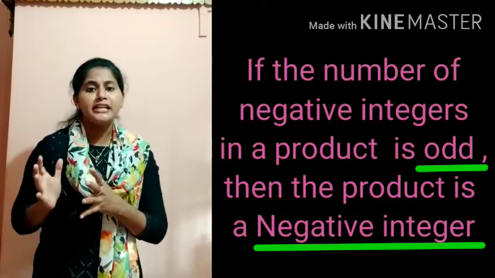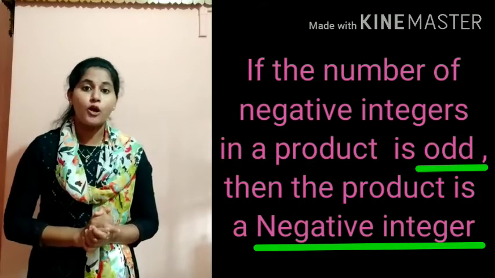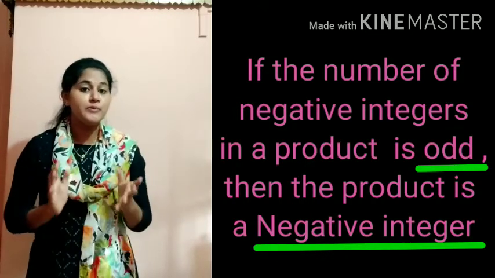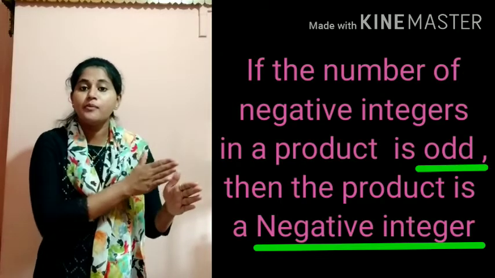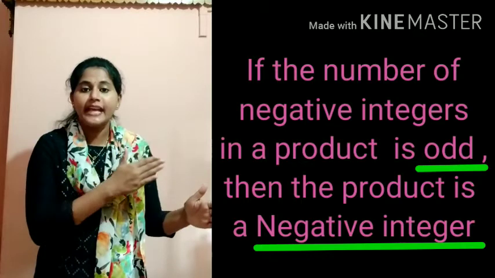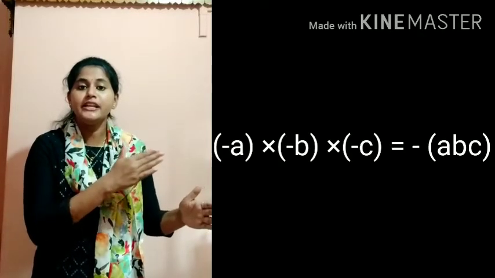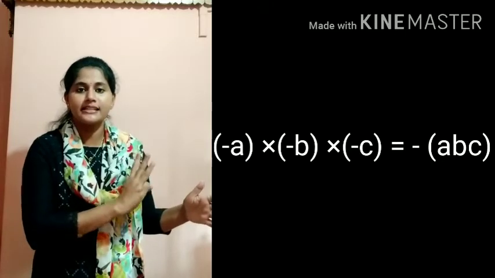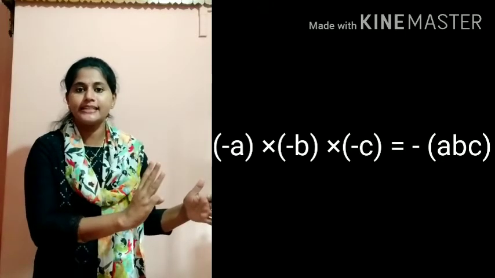Second method, if the number of negative integers in the product is odd, then it is obviously a negative integer. That means in the product, the number of negative integers is odd, for example -A into -B into -C. Here 3 negative numbers are there.